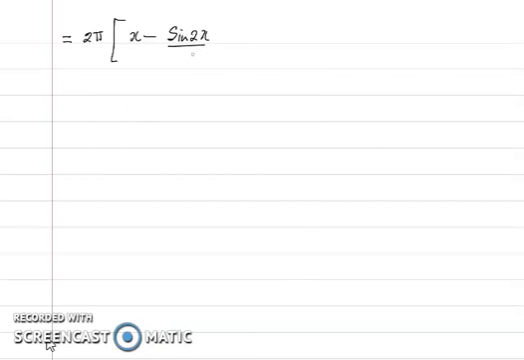2x divided by the differential of the inside function, which is 2. And of course, our limits are from pi by 6 to pi by 4. So this is 2 pi. First, we're going to replace x with pi by 4.